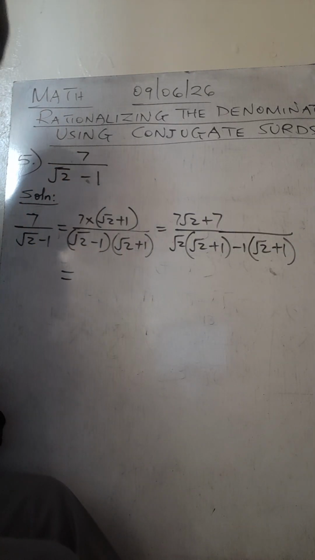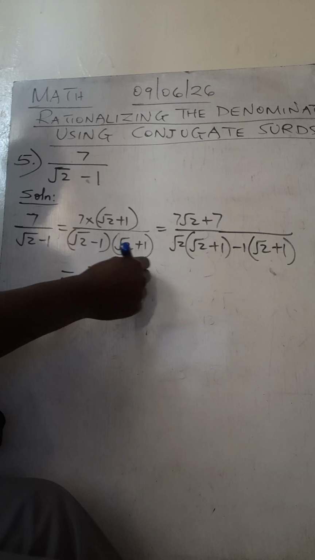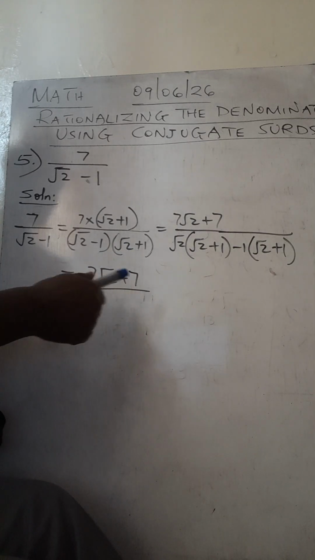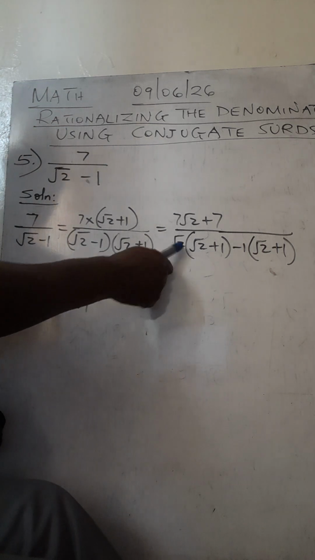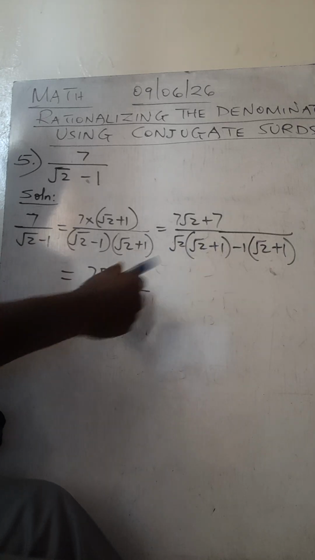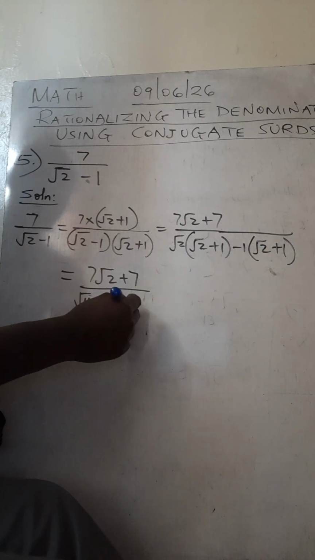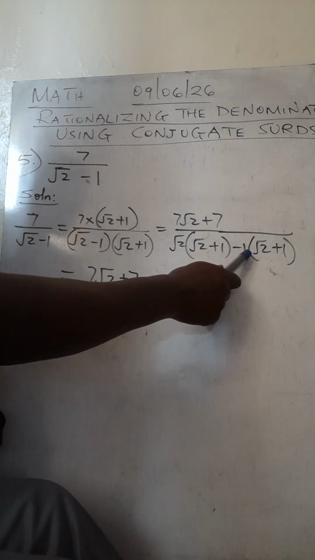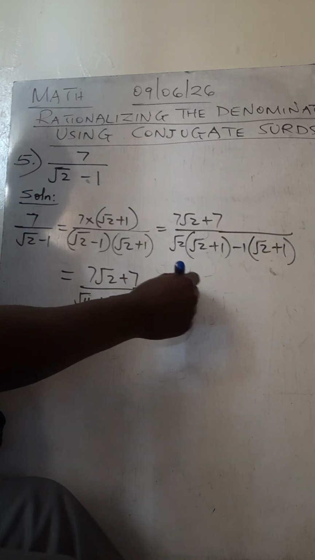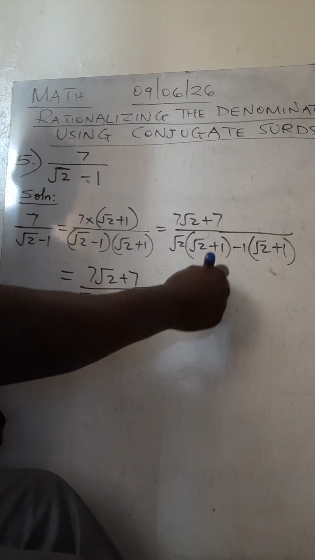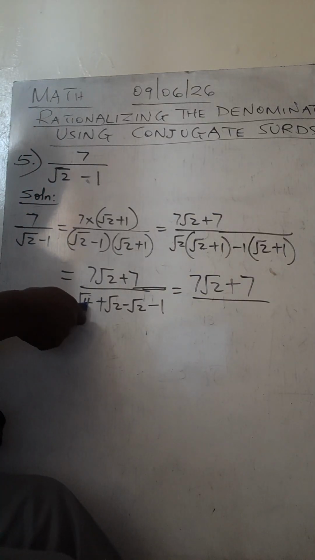We have 7 root 2 plus 7 over, this times this is square root of 4, and this times this is root 2, this times this is minus root 2, negative 1 times positive 1 is negative 1, so it is 7 root 2 plus 7 over square root of 4 is 2.